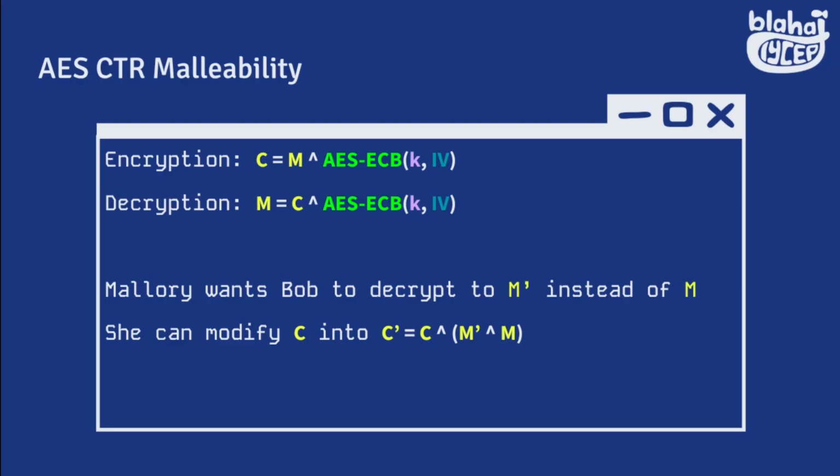Wait, if Mallory knows the message and the ciphertext, right? Then she can get the key stream. So if she can get the key stream, then she can XOR the message she wants with the key stream to get the ciphertext, right? Yeah, exactly.